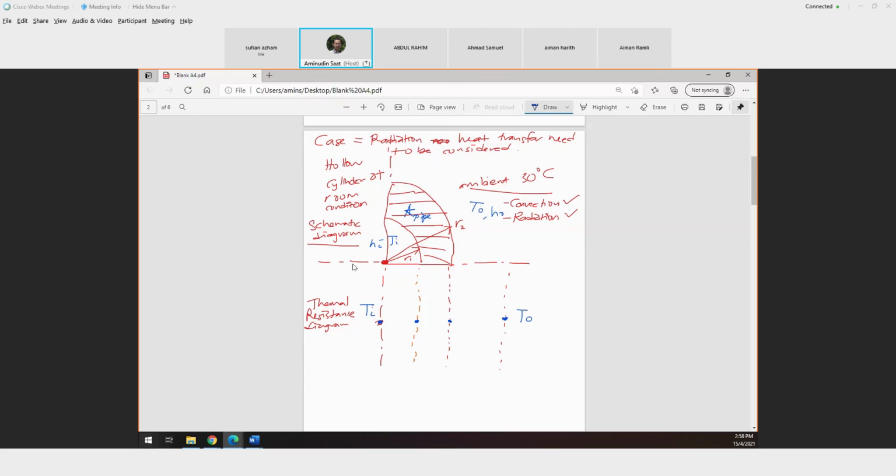Okay, so the first resistance is due to the convection, R convection inside.